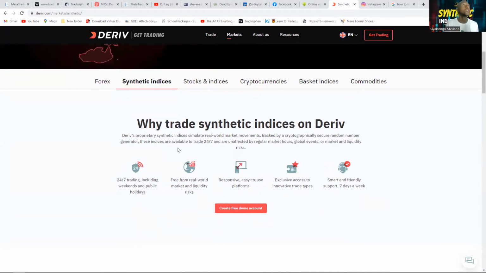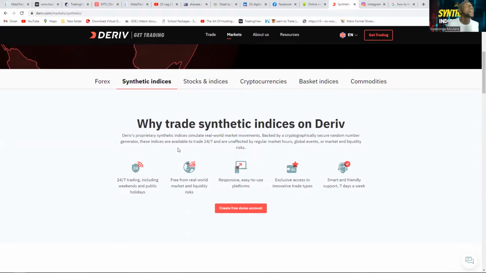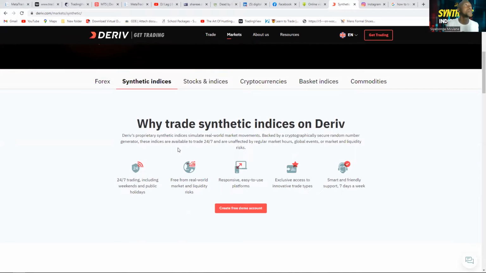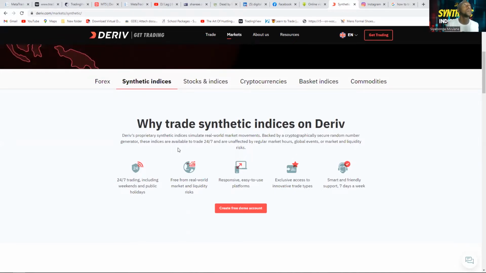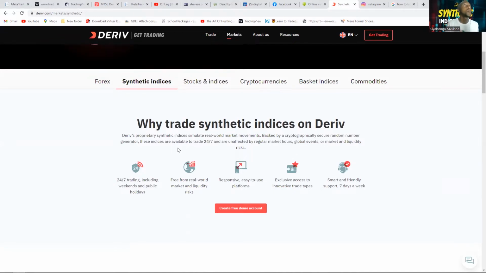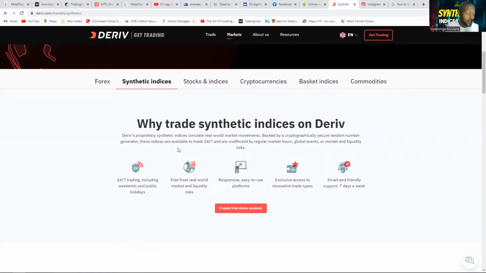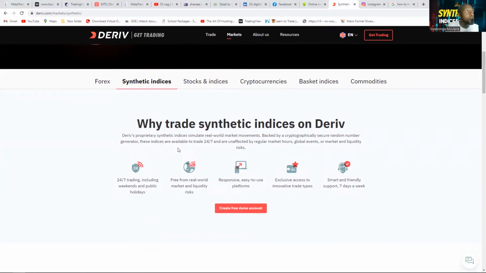Like I'd mentioned before, they're backed by a cryptographically secure random number generator. These indices are available to trade 24/7 and are unaffected by regular market hours, global events, or market and liquidity risks.